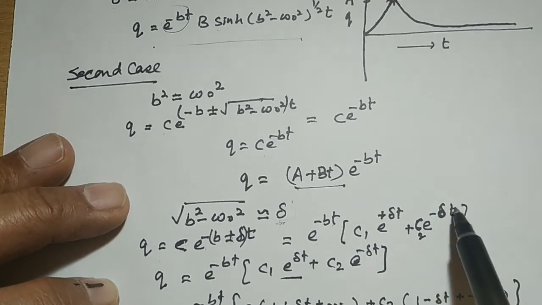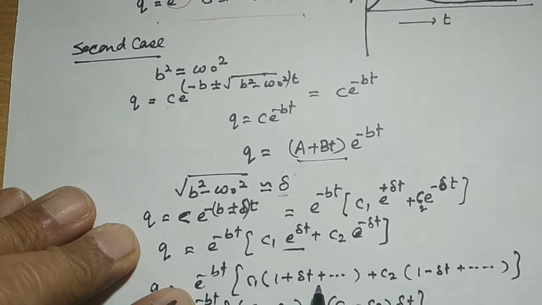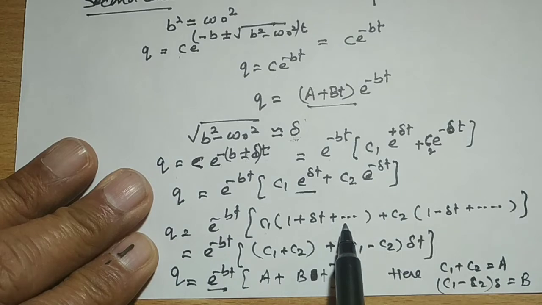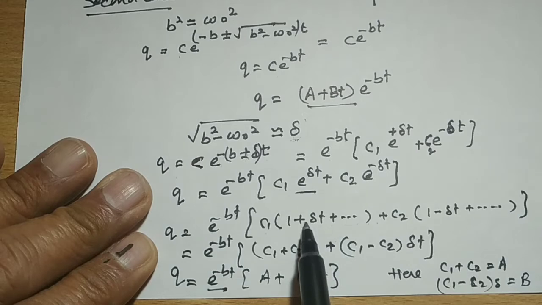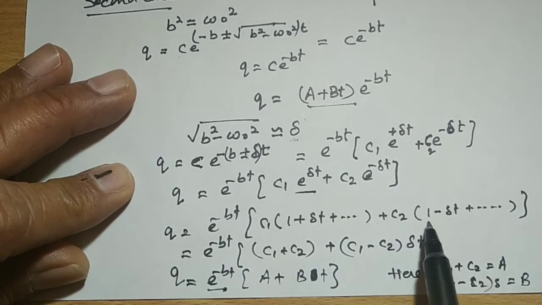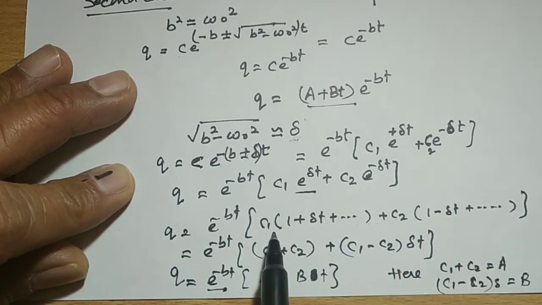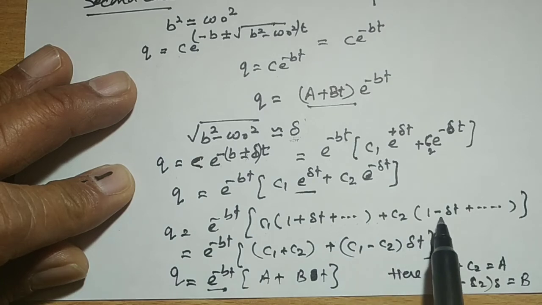Because delta is very small, we can expand this in terms of a series, and therefore C1 into 1 plus delta t plus so on, because higher terms can be neglected as delta is very small and the powers of delta will further be very small, plus C2 into 1 minus delta t and so on. So if we combine these terms now, C1 and C2 here, we get this, plus the delta terms, we get C1 minus C2 times delta t.